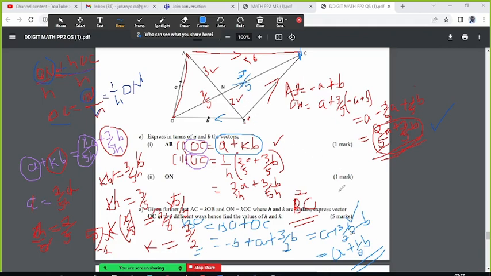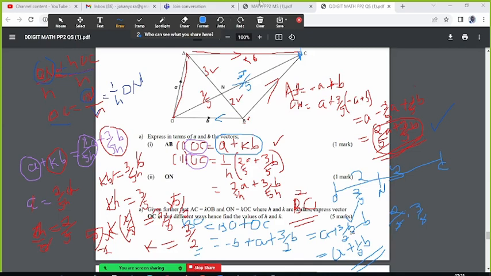So along this line ONC, the ratio ON to NC is 2 over 5 to 3 over 5. 5 and 5 will simply cancel out because we can multiply by 5. So the ratio is 2 is to 3.